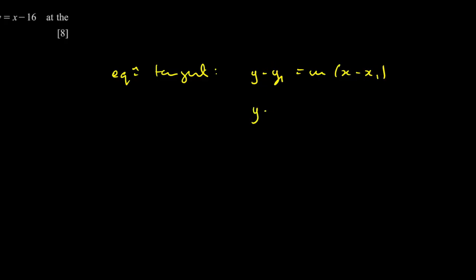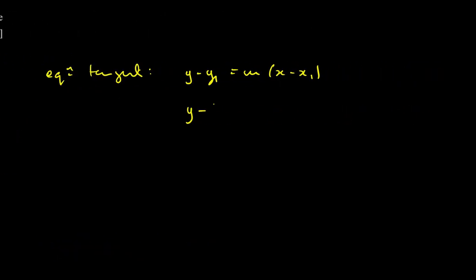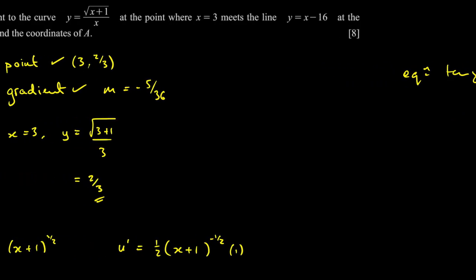So I've got y minus 2/3 is equal to m, negative 5 upon 36, times x minus x1, which was 3. Okay, so that's the equation of the tangent. So we've done that, which is most of the work.